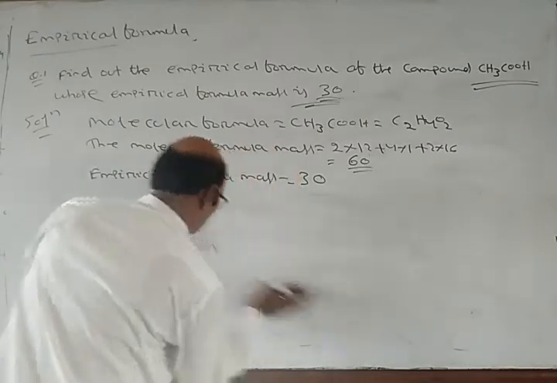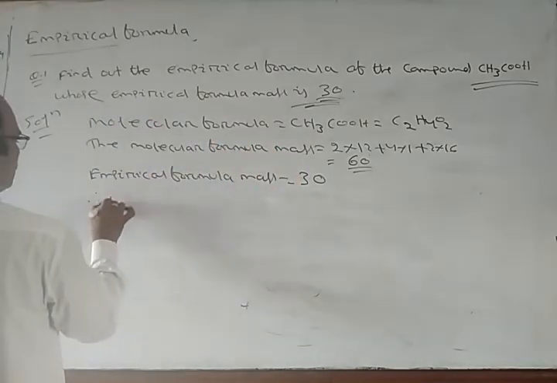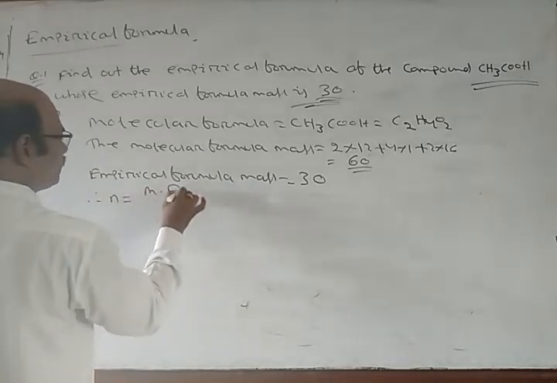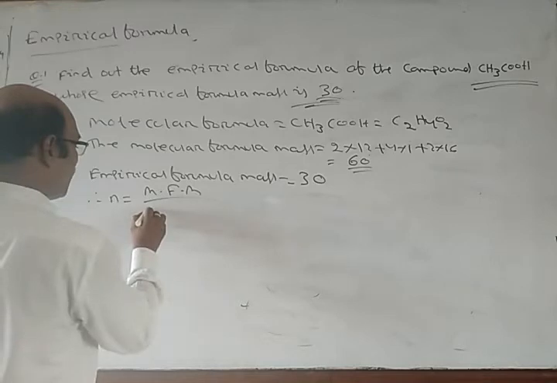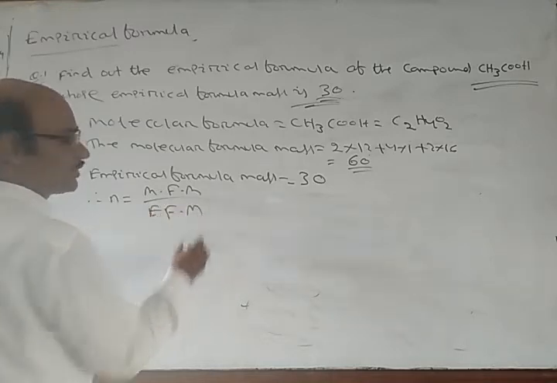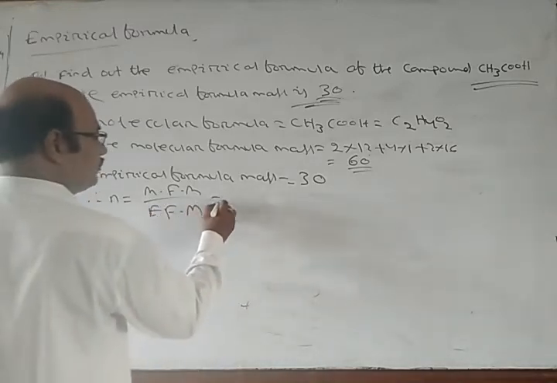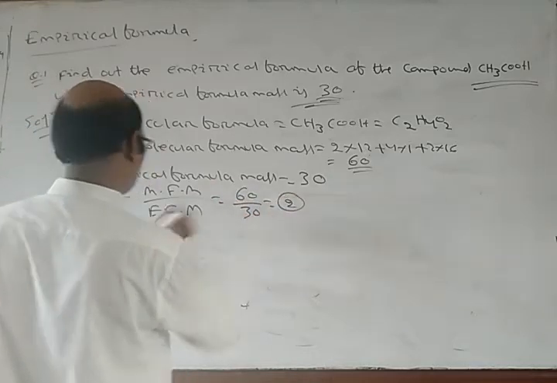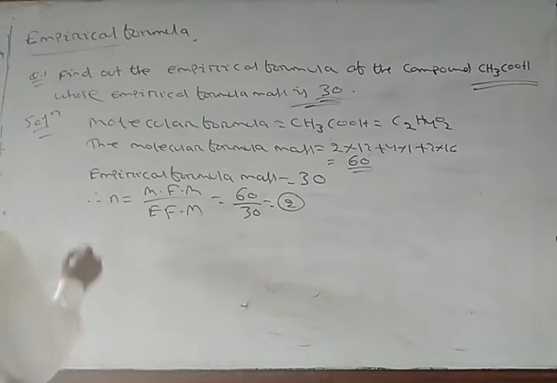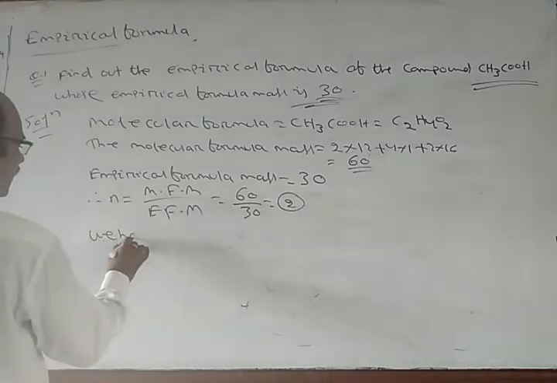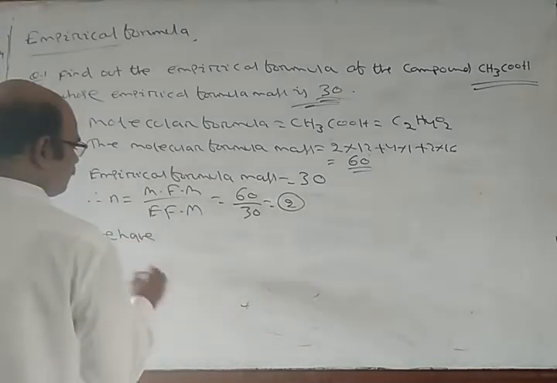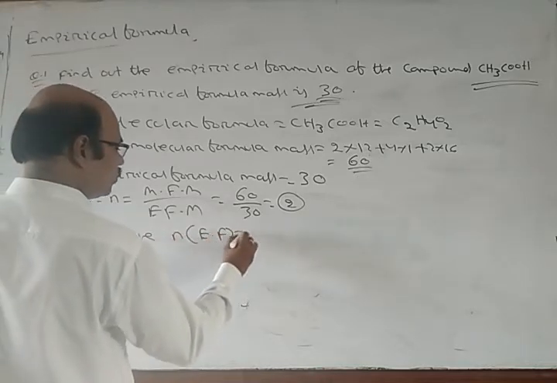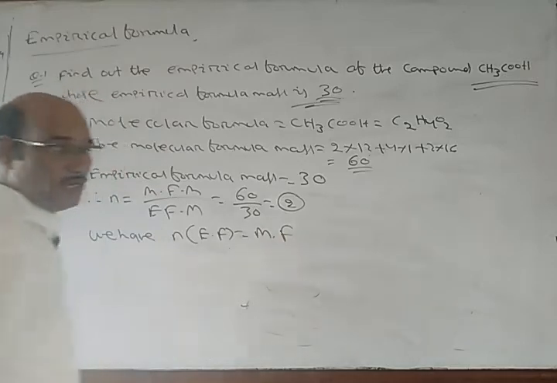Okay. Very simple also. Therefore n is equal to molecular formula mass divided by empirical formula mass. Okay. Equal what? 60 by 30 equal to 2. Now we have n into empirical formula equal to molecular formula.